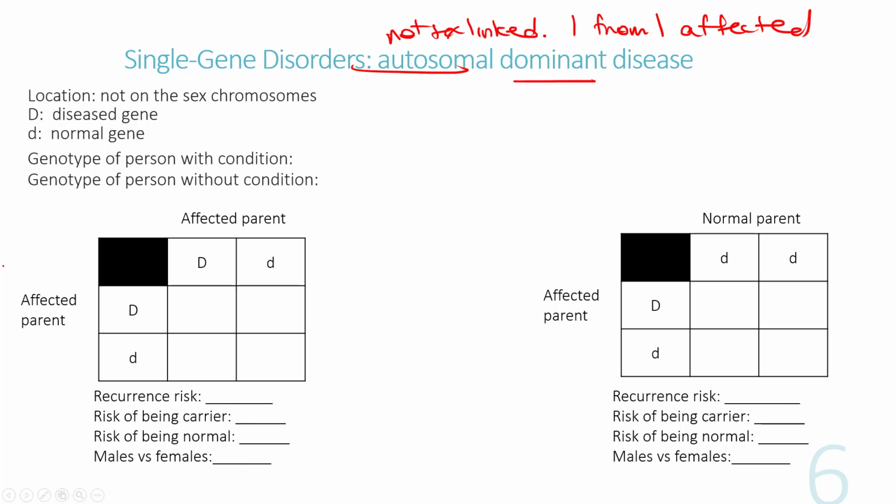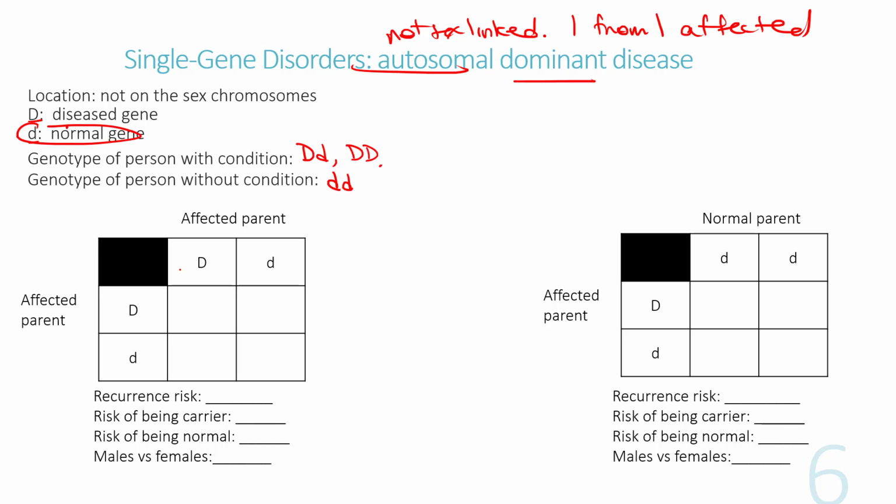And so what you have over here is the dominant gene is the big D, the disease gene, and the normal gene is the little d. And so the genotype of a person with the autosomal dominant disease would be big D, little d, or big D, big D, right? Genotype of a person without the condition is when they have 2 normal genes.